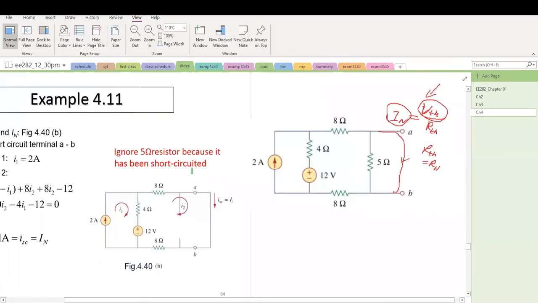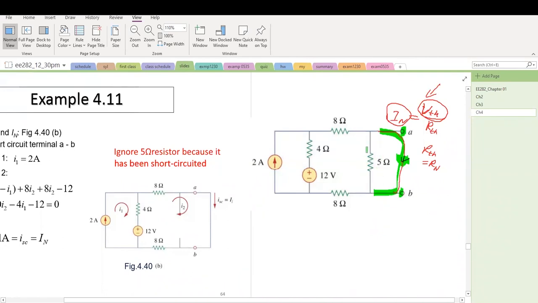Next, let's use another alternative to obtain the short circuit current, which is IN. By definition, IN is the short circuit current, so we need to short circuit this terminal here. So I use an ideal wire to connect terminals A and B, and I need to find the current flowing through A and B here.